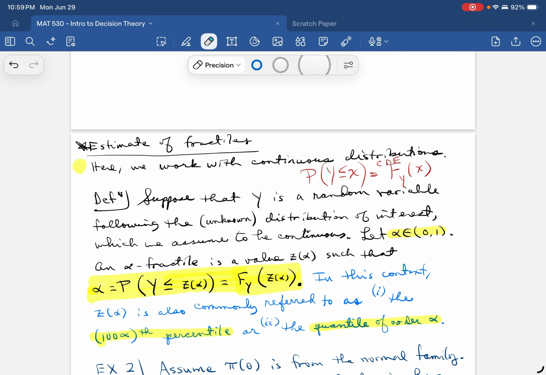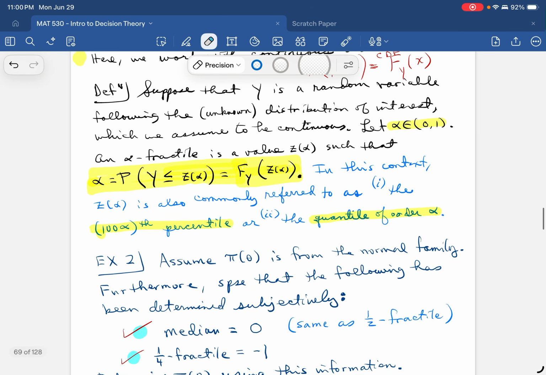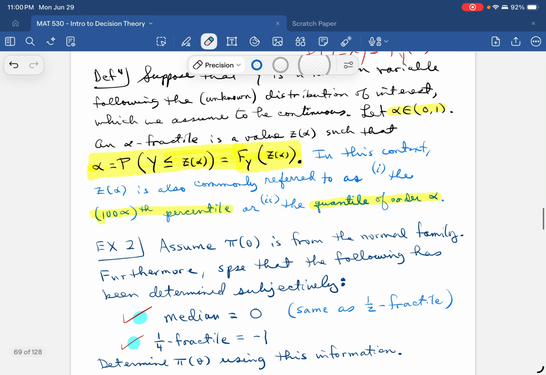So this is a better method than trying to determine the first and second moment, because like we mentioned before, those moments may not exist, depending on if our parameter space is infinite and how heavy the tails are. So let's say our pi of theta is from the normal family. Let's assume that for whatever reason we've determined that a normal family prior is the way to go.